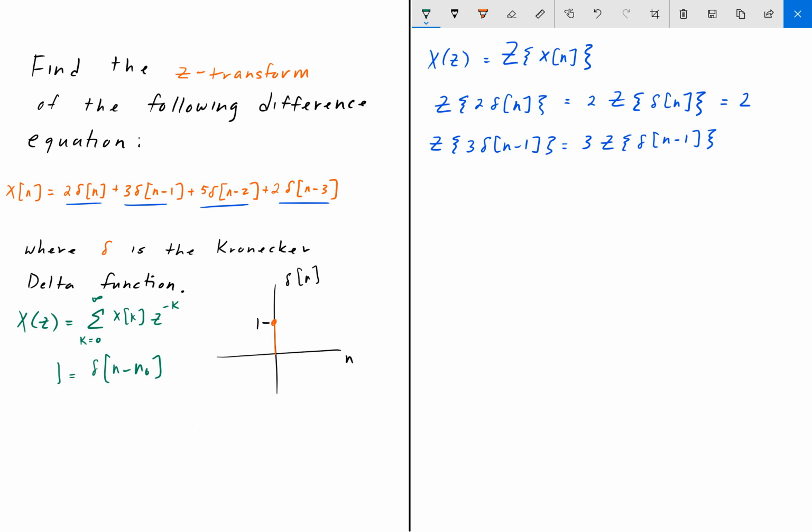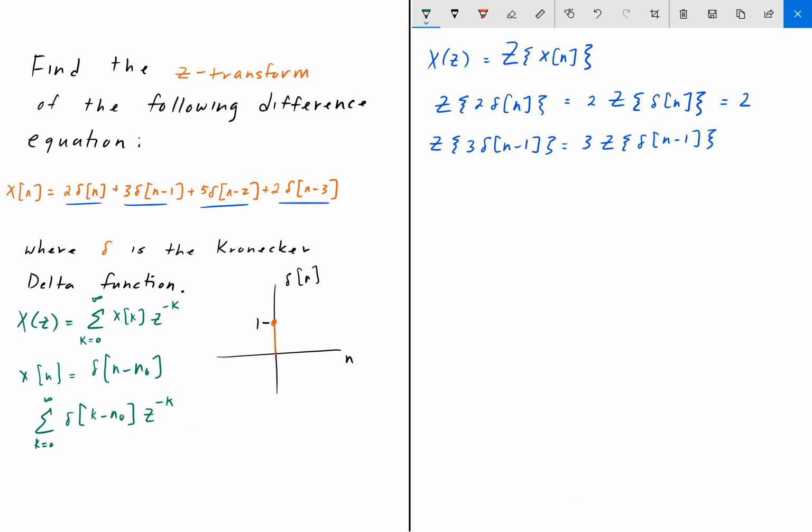We plug it into the z-transform, and then you get the sum from k equals 0 of delta function of k minus n0, z to the minus k.